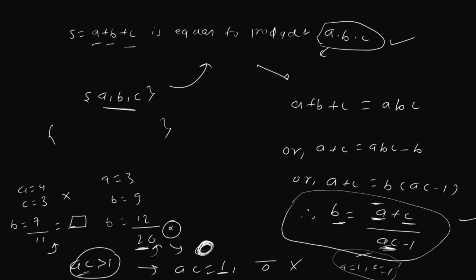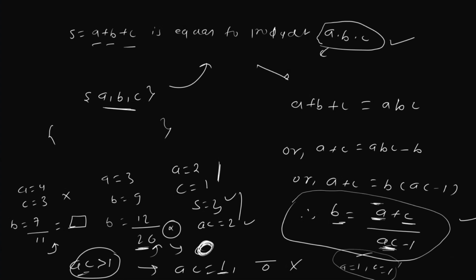So we can have a equals 2 and c equals 1. Their sum would be 3 and their product a c would be 2. So these are the two numbers whose sum is greater and product is less.